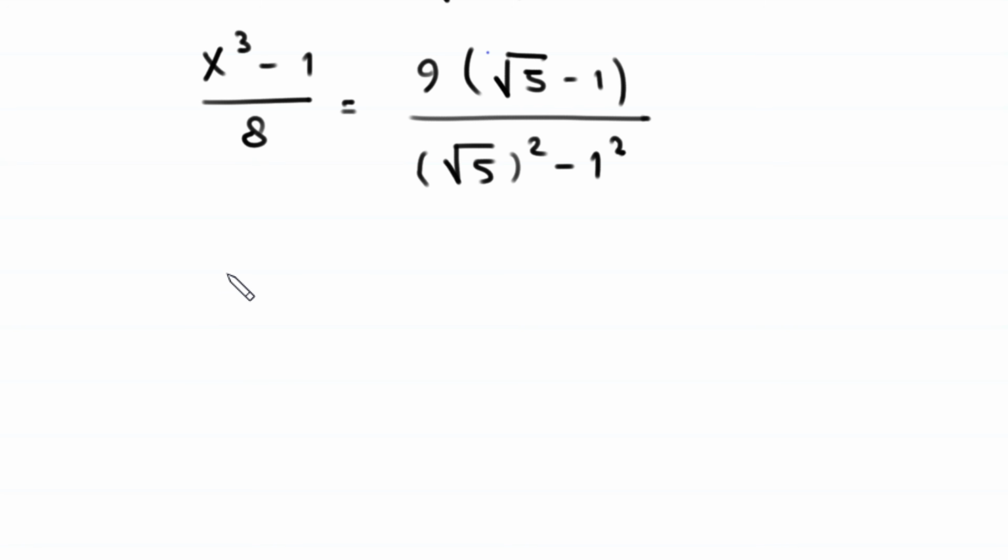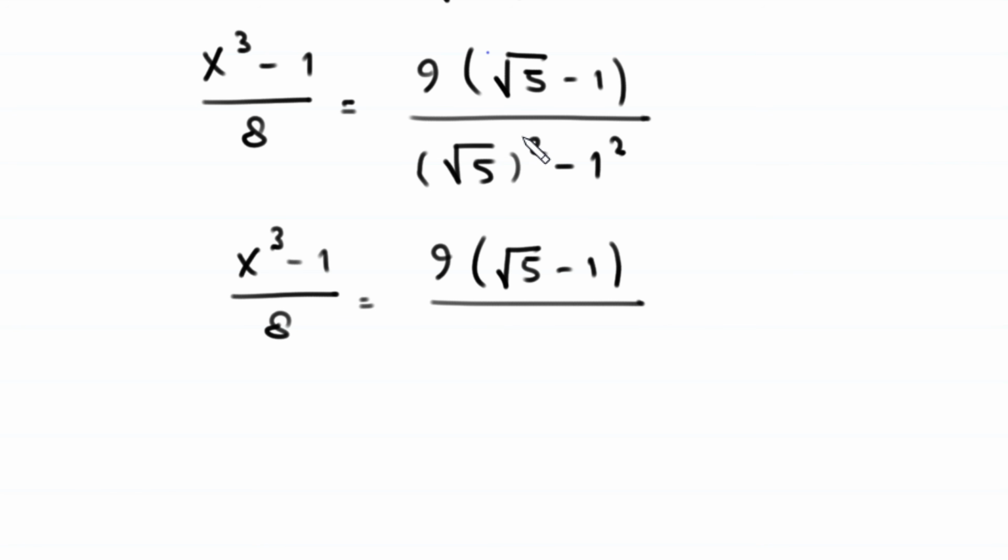Further simplify, this will become x cubed minus 1 divided by 8 equal to 9 times root 5 minus 1 divided by, the square will be cancelled out and 5 minus 1 will become 4. Now we multiply both sides by 8.